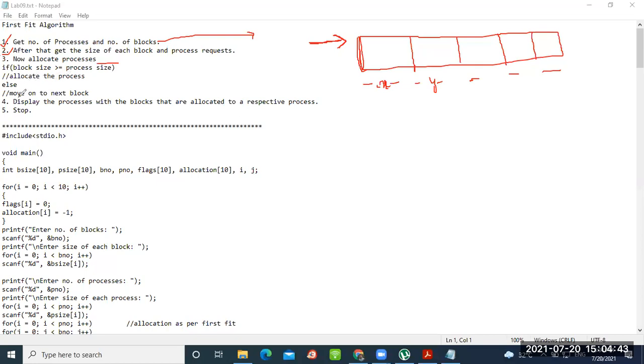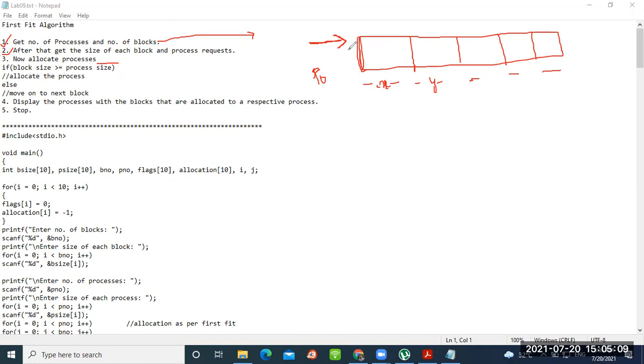Otherwise we move to the next block. Simple. If we check, the process size is P0. If the block size is greater than or equal to P0, then I will assign this block to the particular process. Otherwise I will move to the next block.